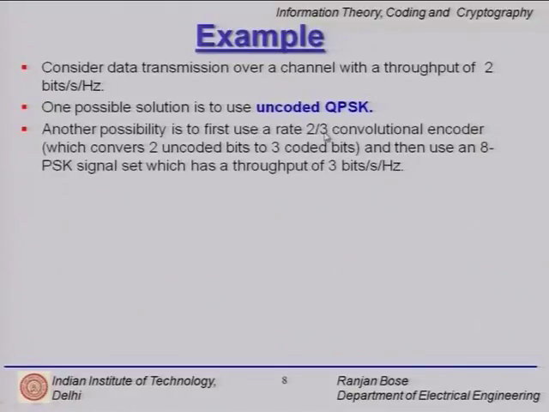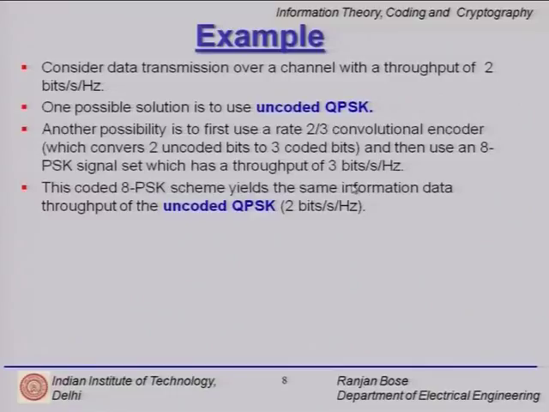We first use a rate 2/3 convolutional encoder, and it takes the 2 bits of raw data and converts it into 3 bits of coded data, and then 3 bits have to be transported, and we now use 8-PSK, because I need 3 bits per symbol, as I do not need additional bandwidth.